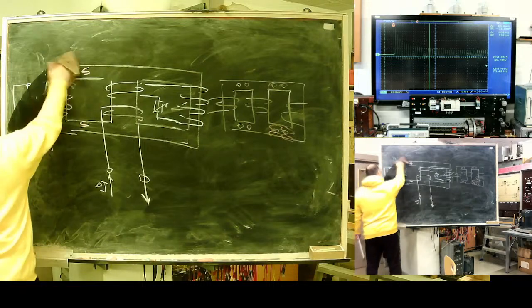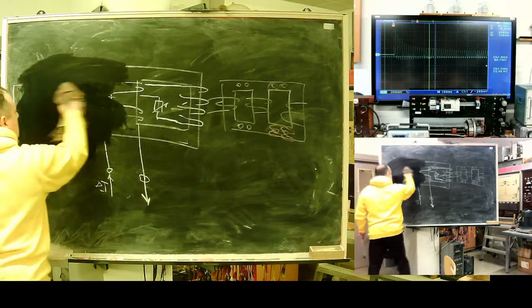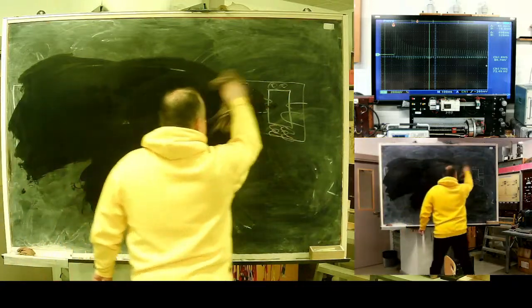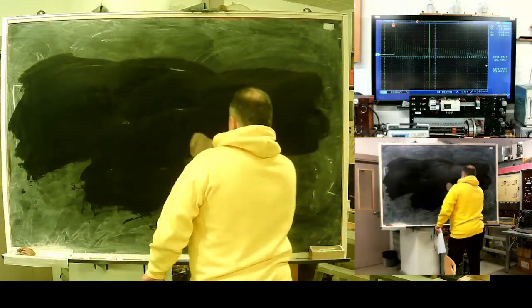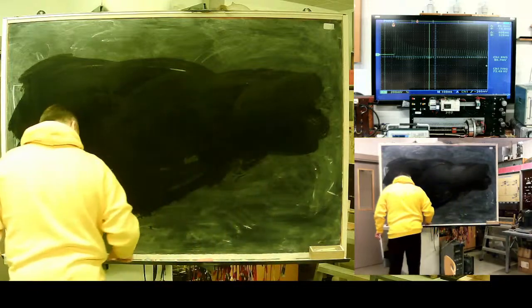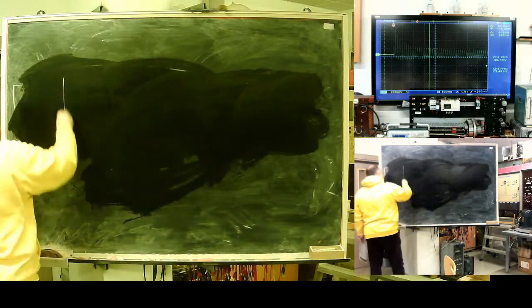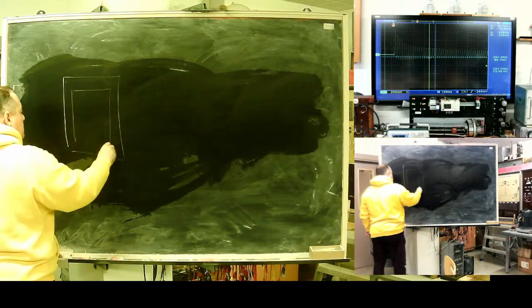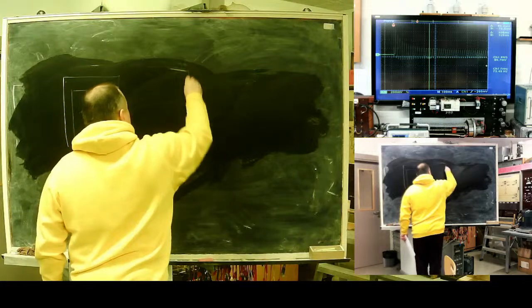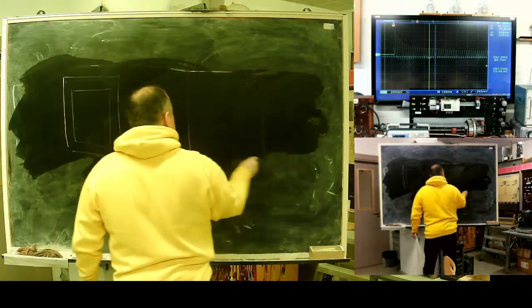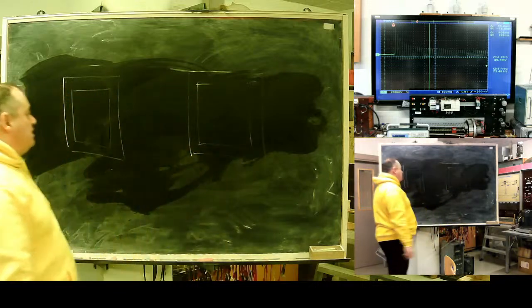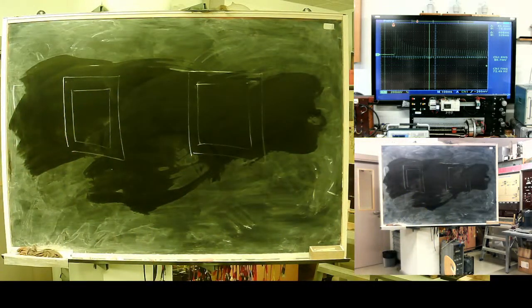So we can separate this transformer into two; analysis can be performed easily if we separate the real transformer and assume it is a pair of two ideal ones.